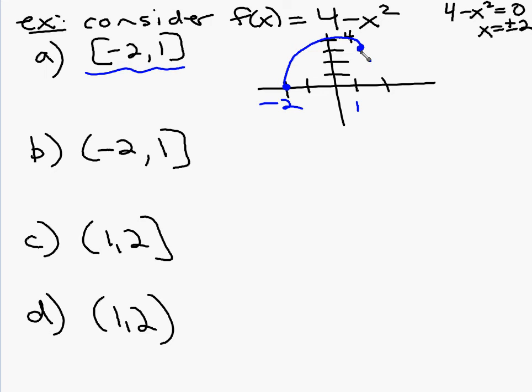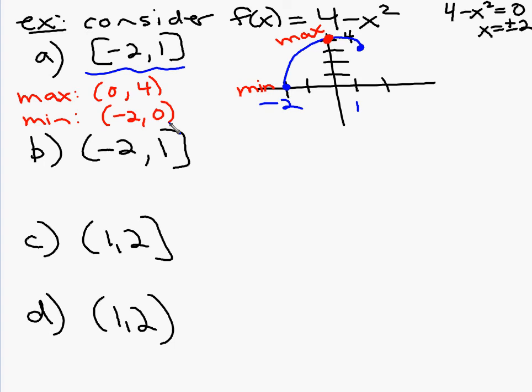Well, there is a maximum right here. This is a max. And is there a minimum? Yeah. Right here. Okay? So there is a max at 0, 4, and a min at negative 2, 0.